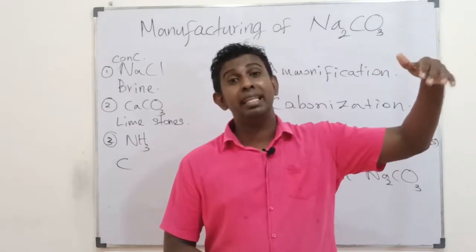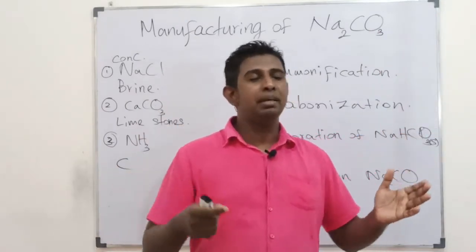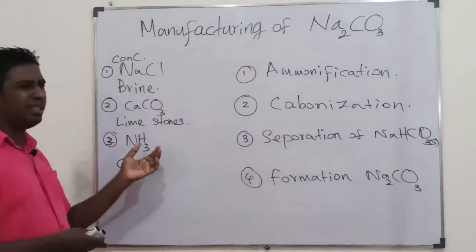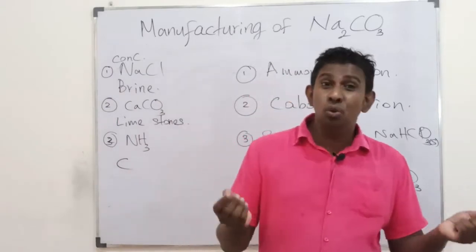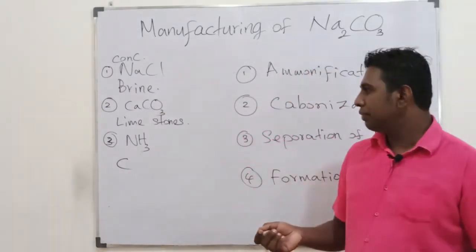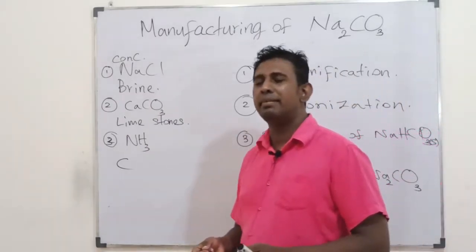You would collect that ammonia. Theoretically, it's the same ammonia amount, but in practice you could lose a very trace amount, but you could recover most of the ammonia being used there.